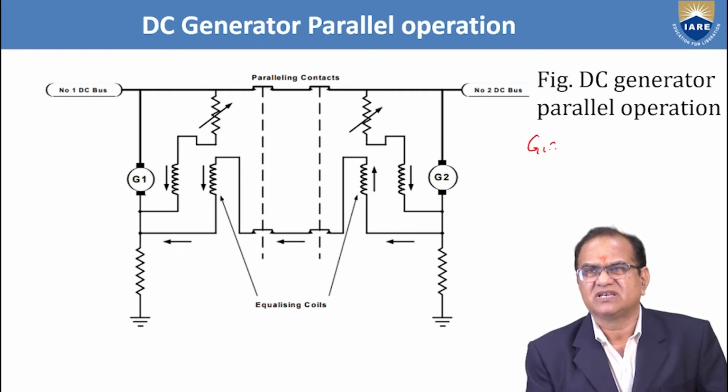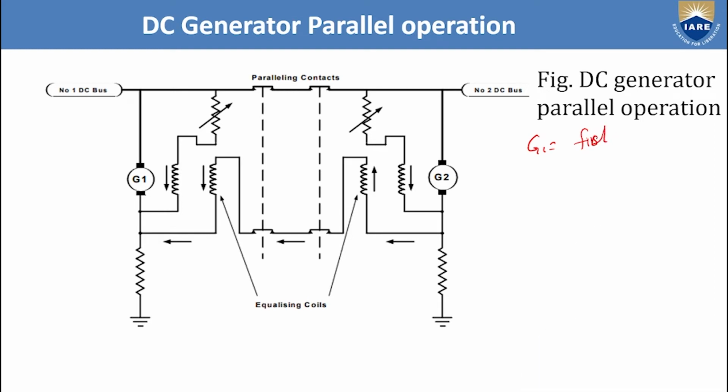G1 means the first generator, and G2 is the second generator.